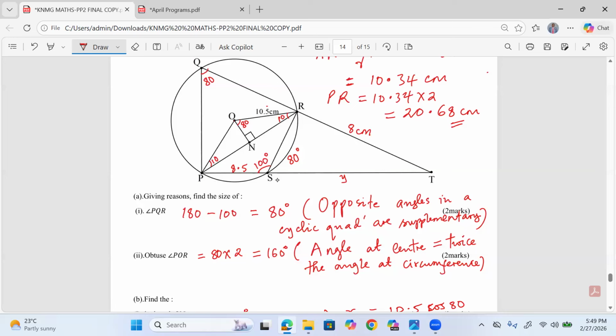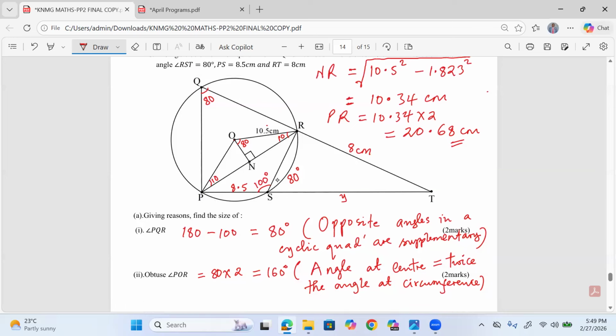Look at triangle PQR. With triangle PQR, we are going to apply the sine rule. We already have 80 at this point, and we have the opposite length.